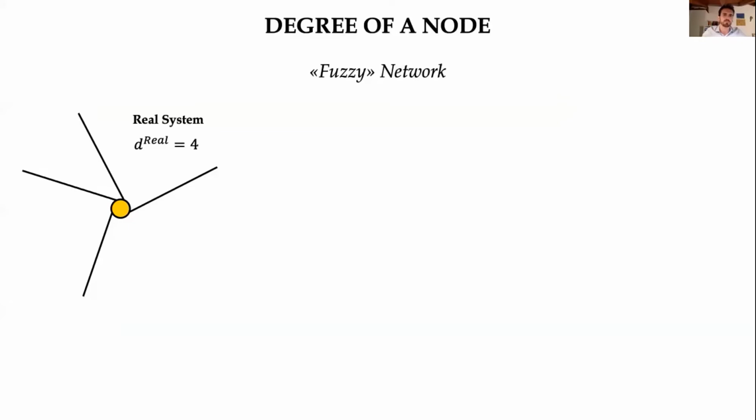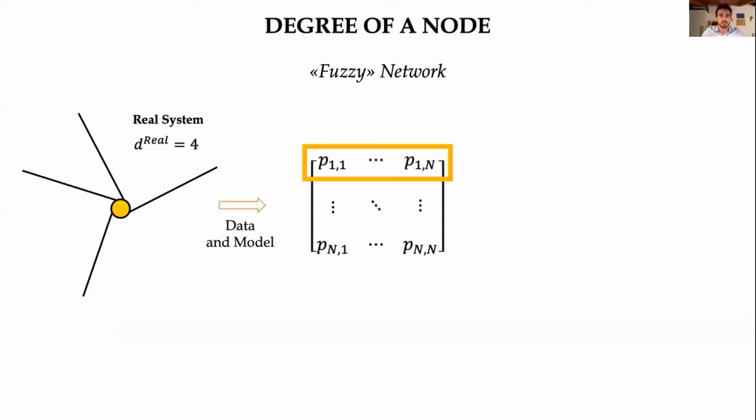So let's see what happens to the simplest one, that is the degree of a single node. Traditionally, this is simply the number of edges incident to the node. The probability of existence of the edges here corresponds to a single row, or column if the network is undirected, of the probability matrix.